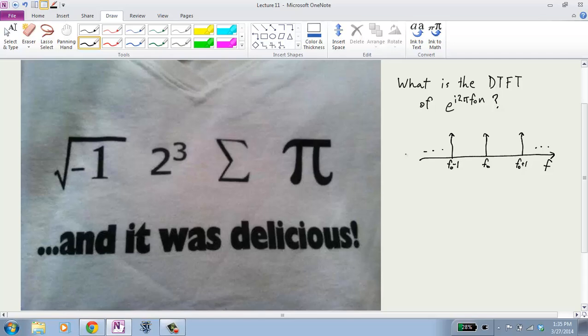And what we should do is integrate over just one period. That's how the discrete time inverse Fourier transform works. This function here, whoops, shouldn't have a t, should have an n.